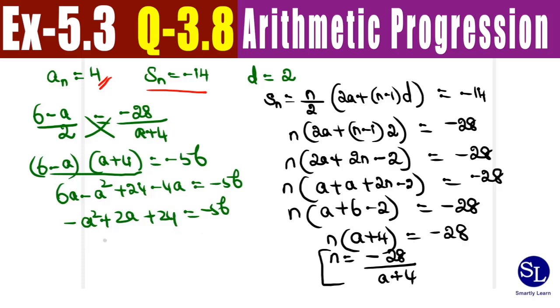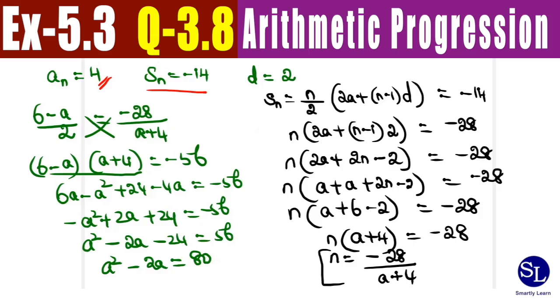So if I can simplify this, this will become a squared minus 2a minus 24 is equal to 56. So a squared minus 2a is equal to, I'm taking the 24 the other side, making it plus, so I get 56 plus 24 as 80.